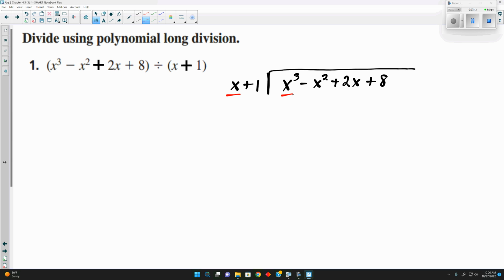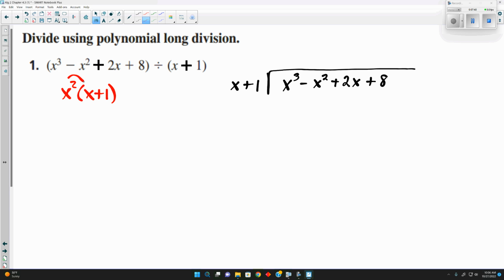X squared, because x squared times x is x to the third, yes? What we're trying to multiply on top is what gets this first term, x to the third, to cancel out. So we look at the first term we have over here. We're looking at what times x gives me x cubed. And it's x squared. So we'll multiply x squared by x plus 1.